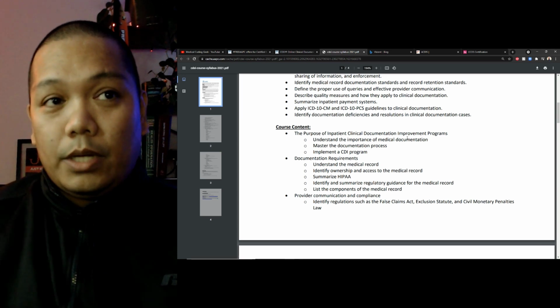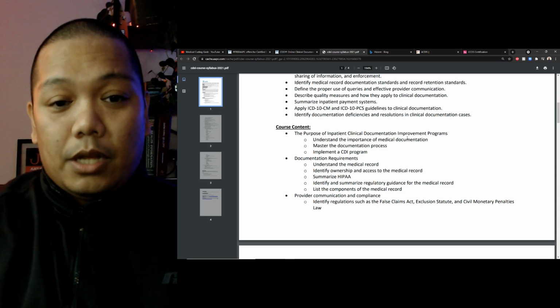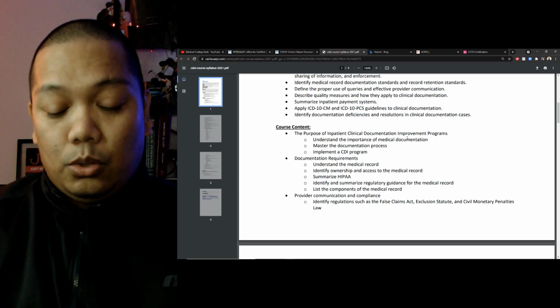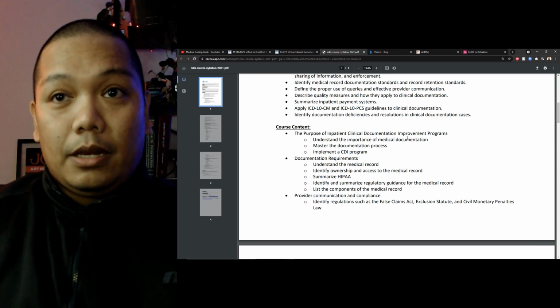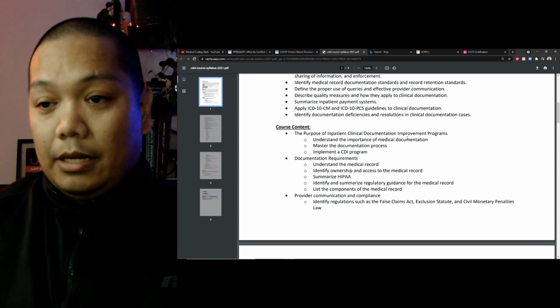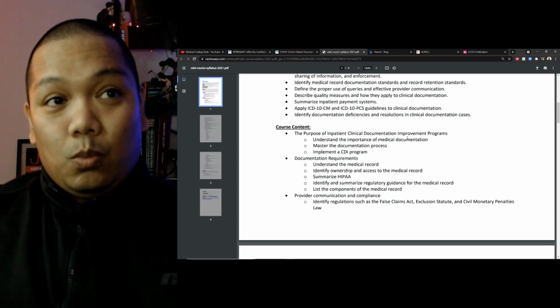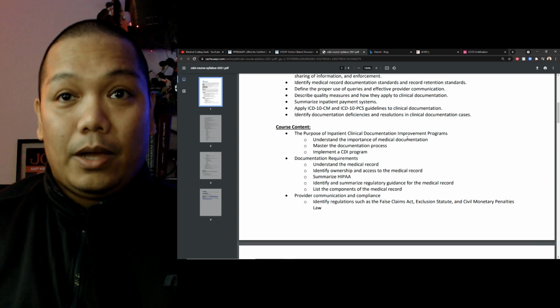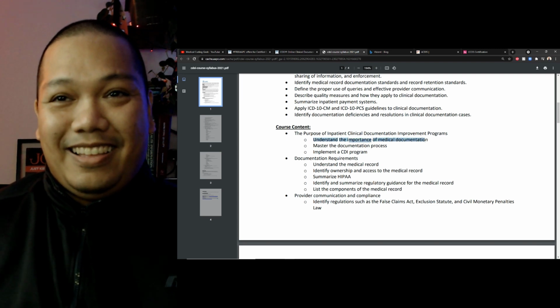You really want to go down the line as to why having accurate physician documentation can lead to accurate code assignment, and that accurate code assignment can lead to appropriate, accurate reimbursement, which then would prevent denials. That's how I see that. And I can talk about this for another hour.